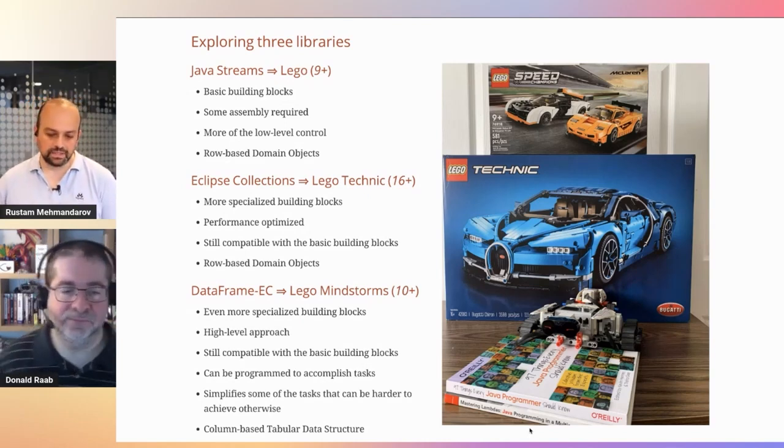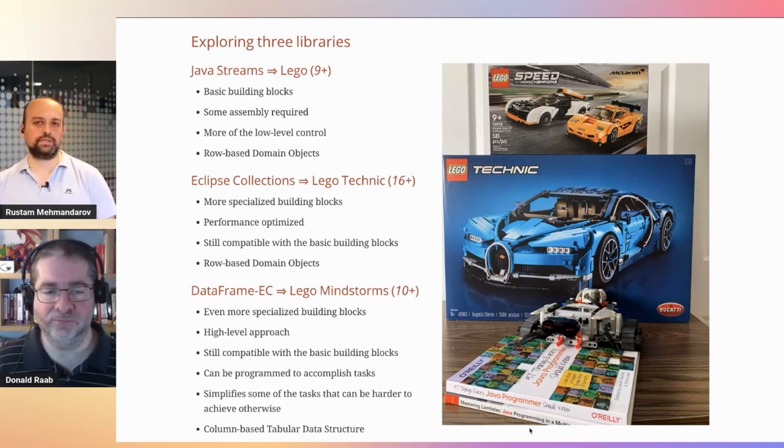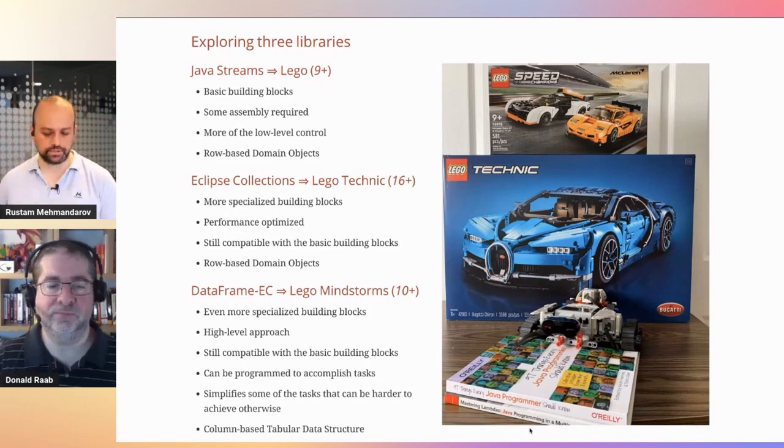It's the same with Eclipse Collections: it has more specialized building blocks, but it's still compatible with the basic ones. It's also optimized for performance, for building that particular car, obviously. And it still has the row-based approach to domain objects. You still put things into objects, and you still handle them as a bunch of attributes inside an object.